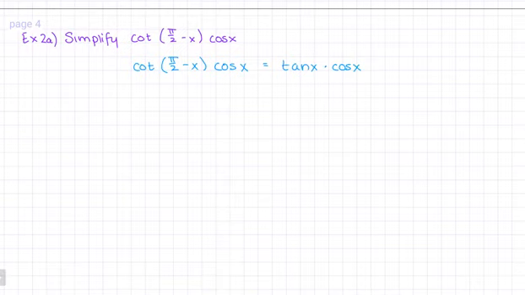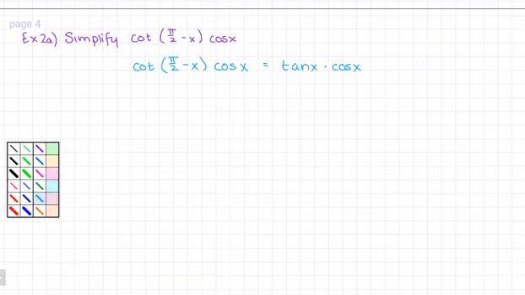And so I can rewrite tangent as sine over cosine. Oh, and look, the cosines cancel. So the answer is that that original expression can simplify to sine x.